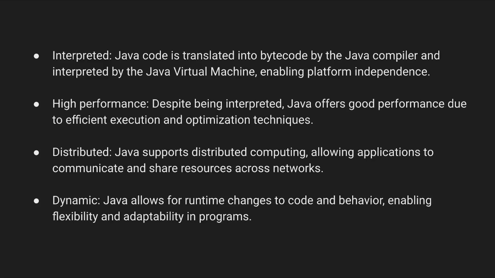Next, it has high performance, it is distributed, and it has a vast community that you are able to see on the web. Java has a vast network and a vast amount of code that you can still access. Java is also dynamic, so it is flexible.